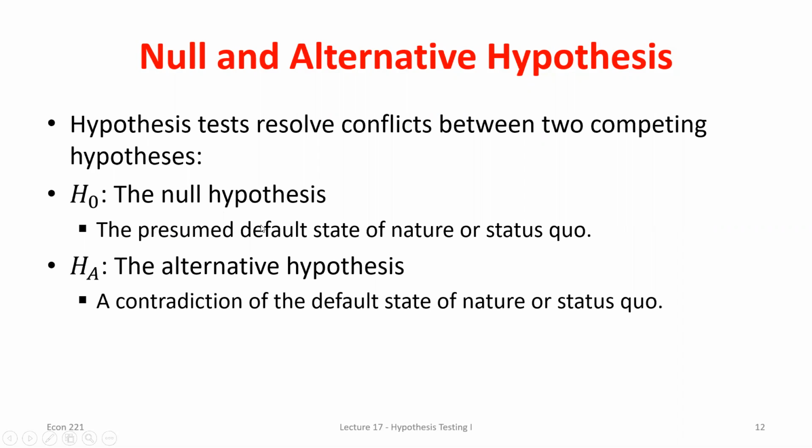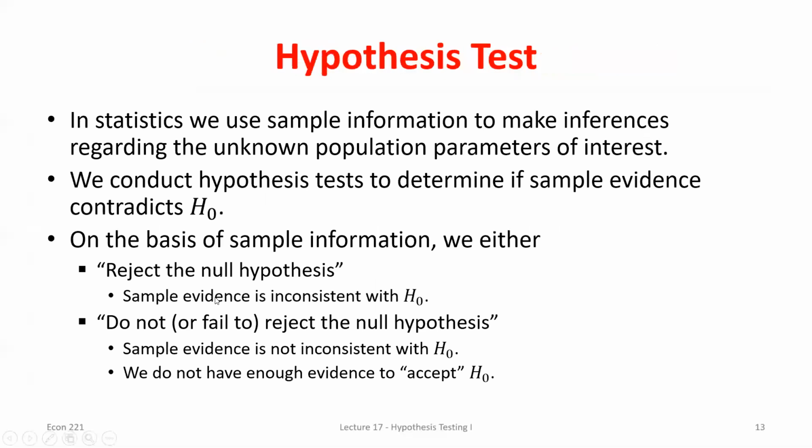And these two things are complements. If the null hypothesis is that it's greater than or equal to 40,000, the alternative would be that it's less than. They're complements here. So we're going to have three different scenarios once I get my sample evidence. Let's do a different one. Let's say I assume that the average income in the US is 50,000.